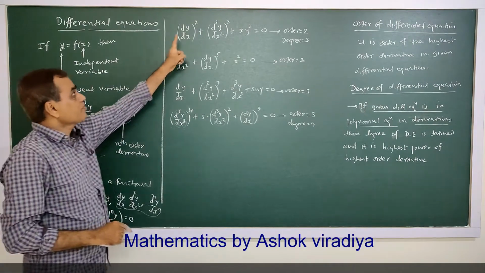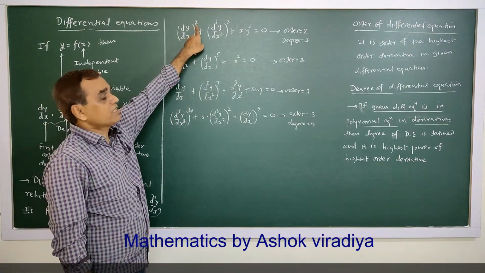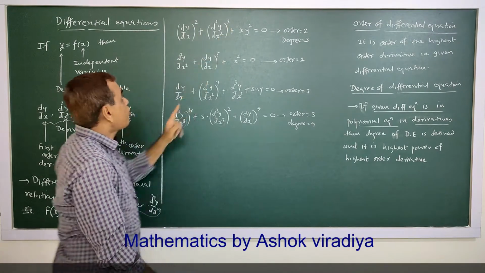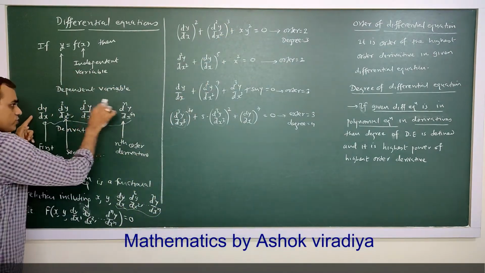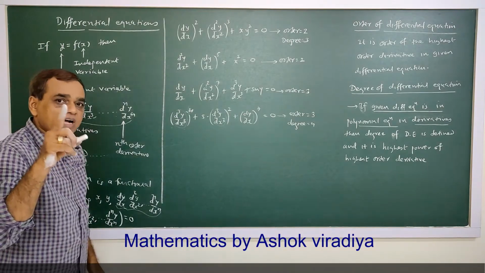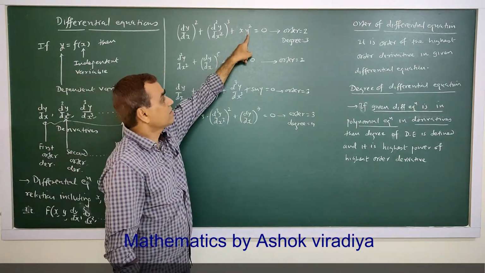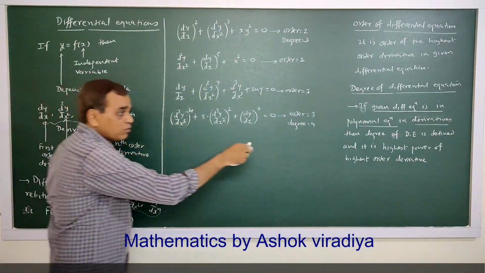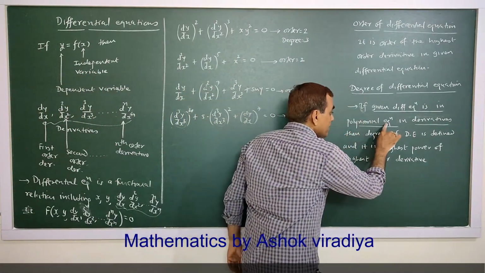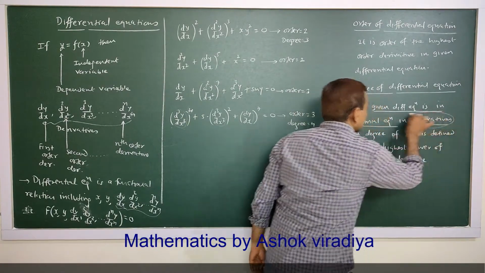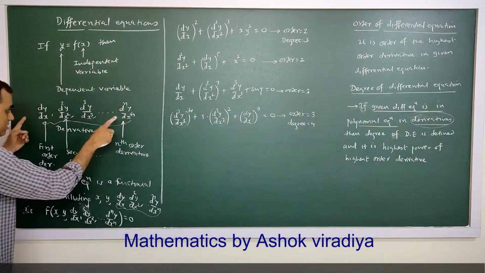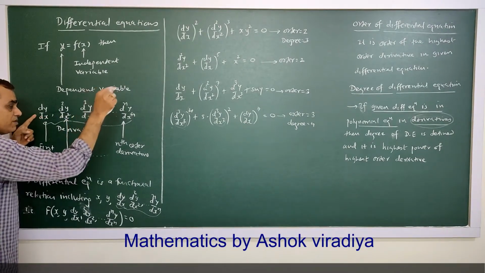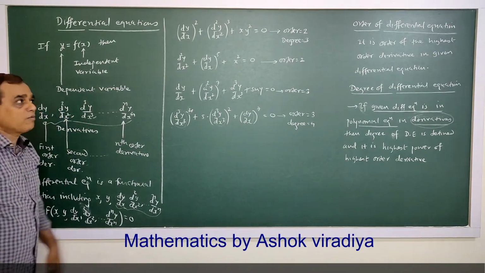Say here, this is a positive integer, this is a positive integer. Check only derivatives, don't check x and y. Look here, the words polynomial equation in derivatives, so check derivatives. Any such term contained in the equation must have a positive integral power.